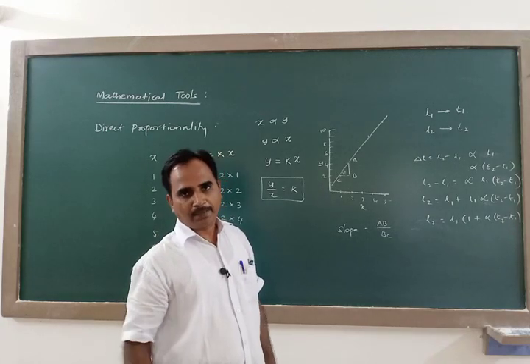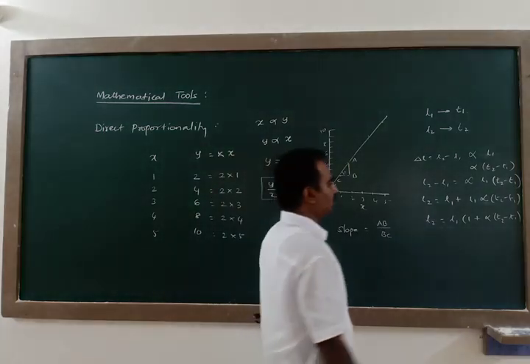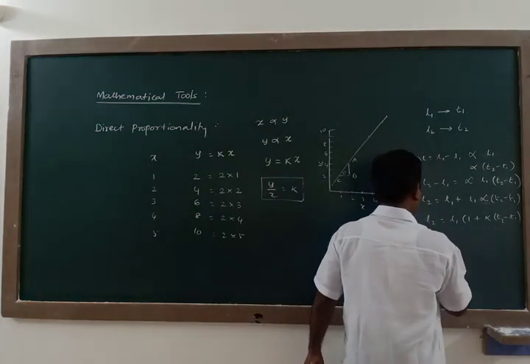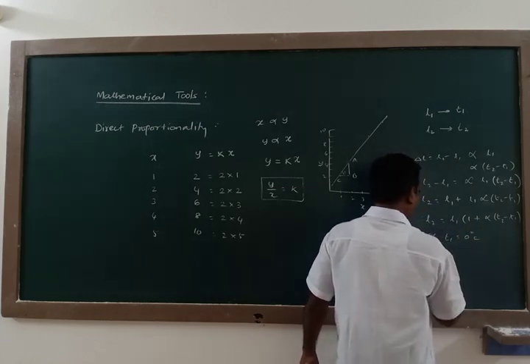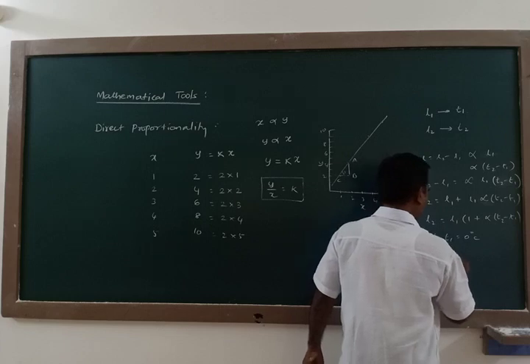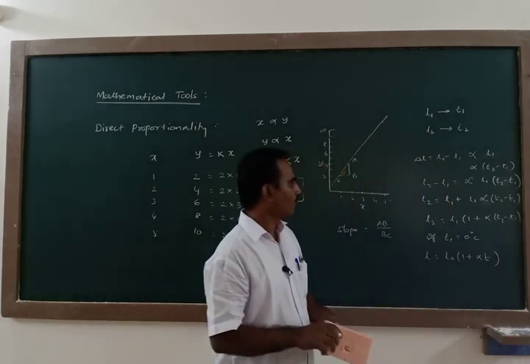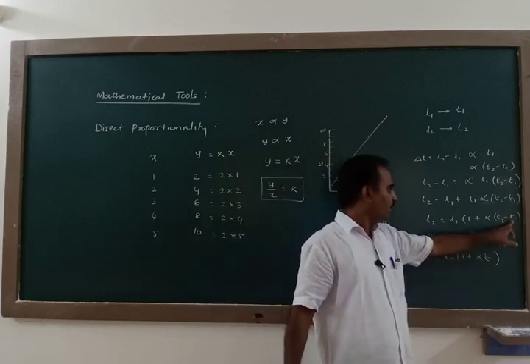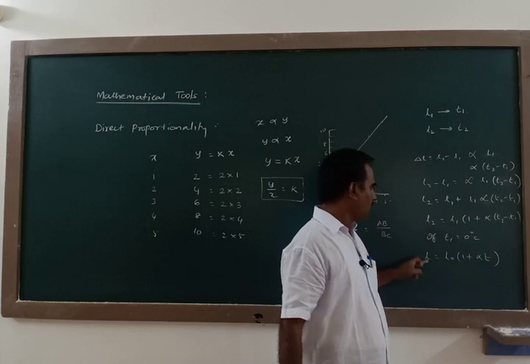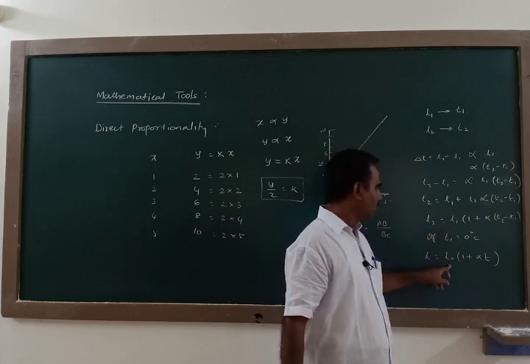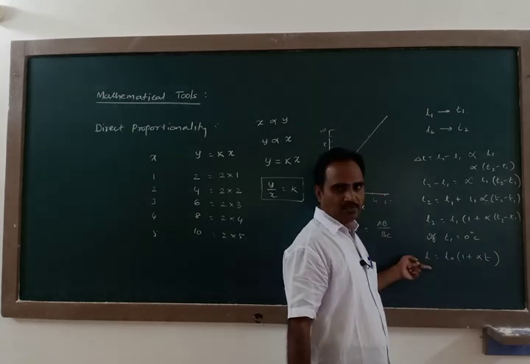If I take the initial temperature T1 to be 0 degrees Celsius, then in general this equation can be written as L is equal to L0 into 1 plus alpha T. See, when this term becomes 0, I write L2 as L, L1 as L0, T2 as T. Therefore, the same equation can also be written like this.